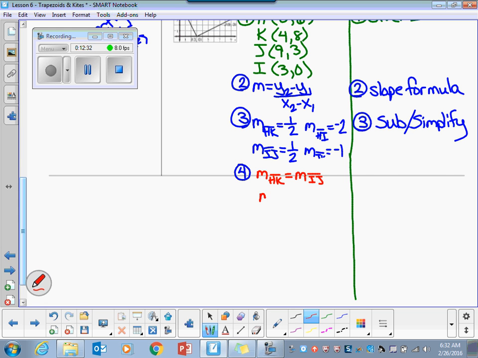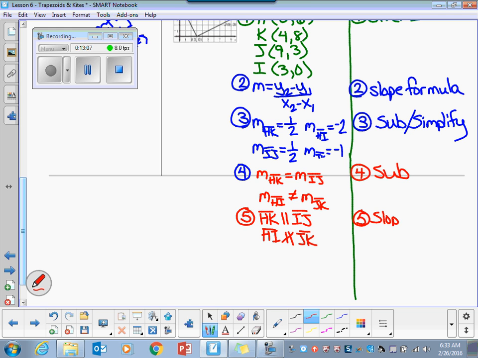And the slope of HI does not equal the slope of JK. Substitution. This will allow me to conclude that HK is parallel to IJ and HI is not parallel to JK. Slopes of parallel lines theorem.